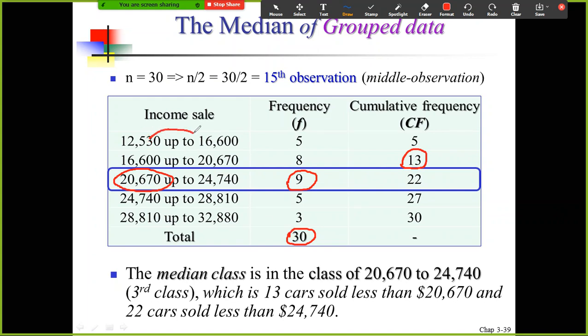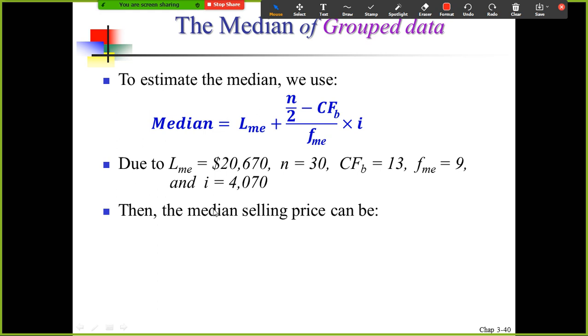You can find I here, between low and high. Automatically you can find I from the beginning, because when a frequency distribution is given to you, you can find I. So we know everything. That's why we can find it.